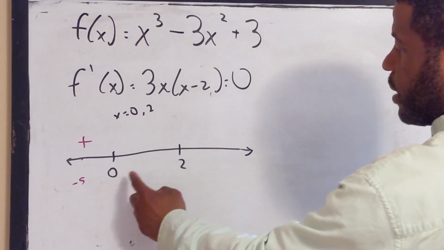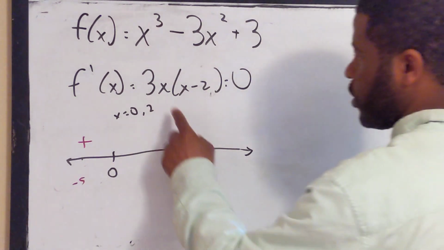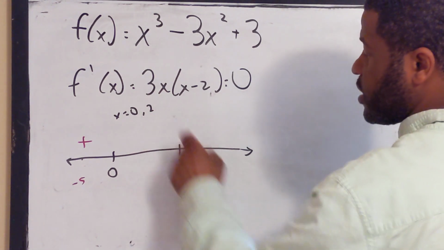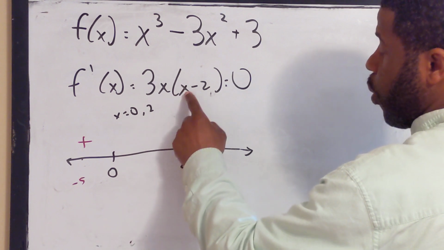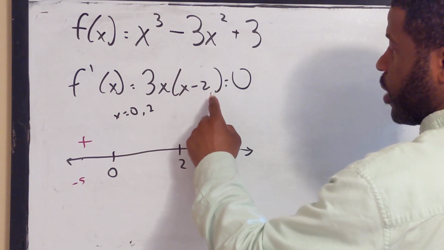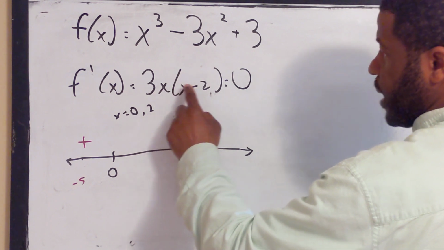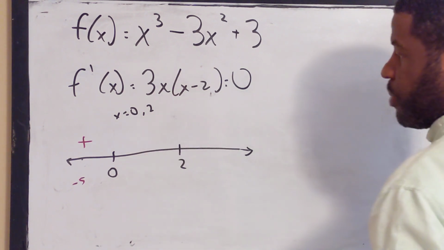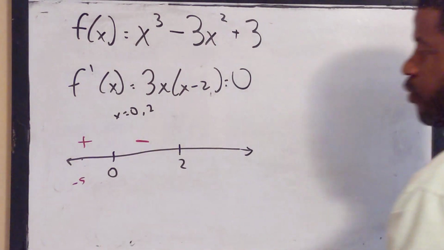Now I choose any number between 0 and 2. Let's choose 1. 3 times 1 is 3. But 1 minus 2 is negative 1. So a positive 3 times a negative 1, that answer would be negative.